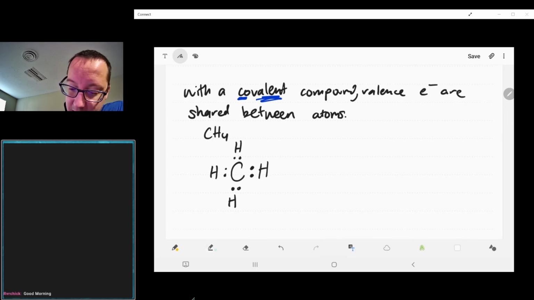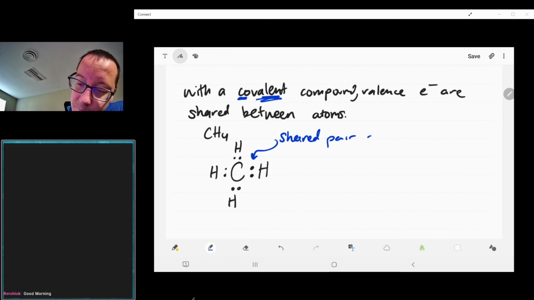All right, so you might see a structure that looks something like this. And this would be a shared pair of electrons. Electrons have to be shared as pairs. You can't share one electron between two atoms. It always is a pair.